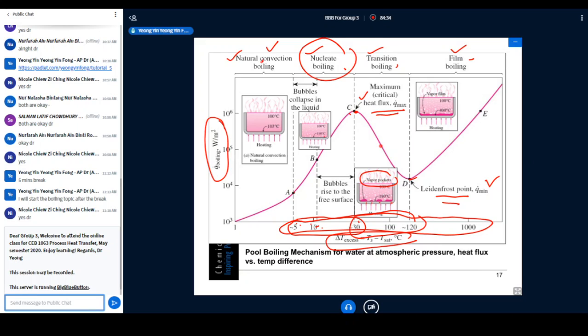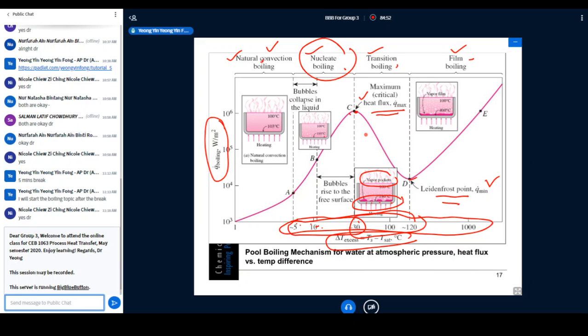That's why the boiling heat flux is actually reducing: when much more vapor pockets form here, they create extra resistance for the heat transfer process. So Q boiling is actually reduced.